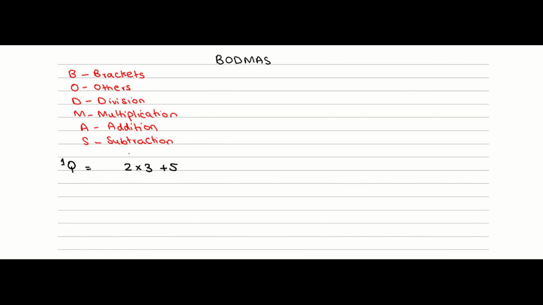According to the BODMAS rule, you have to perform multiplication first because M comes before A. Multiplication is between 2 and 3. 2 times 3 gives you 6, and you have plus 5, so we write this as it is. Then we are only left with 6 plus 5, which gives us 11, and that is our answer for this question.